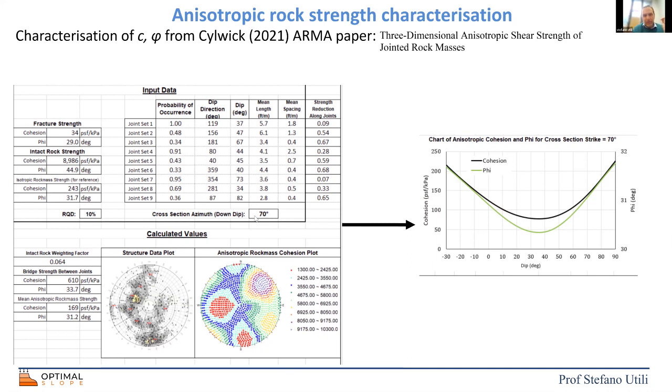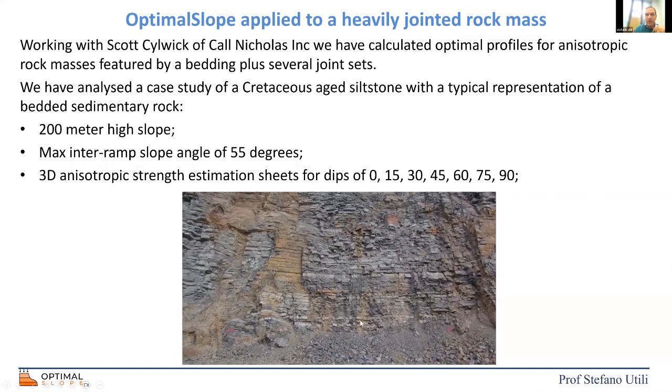So clearly the direction of the cross-section plane used to cut the rock mass plays a role in determining the equivalent anisotropic strength parameters. So now we have a function that expresses cohesion and friction angle as a function of the direction of loading. And this function is what is needed as input in Optimal Slope to account for anisotropy.